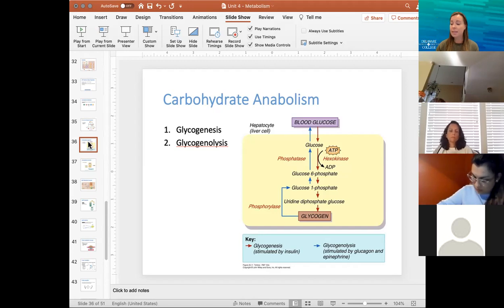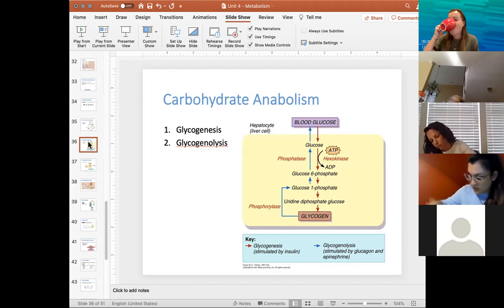This process is promoted by glucagon. So glucagon is the hormone that causes glycogen to break apart into glucose. And that releases glucose into the blood.